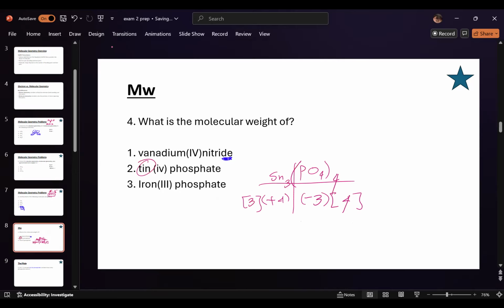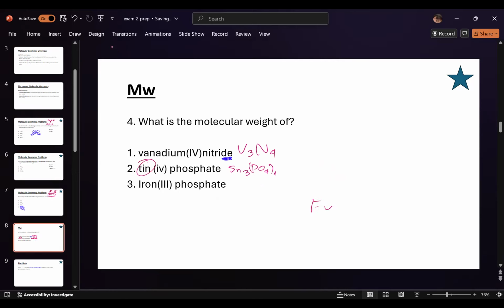It's like a crisscross, but I show the math. I show why there's a 3 there and a 4 in phosphate. So it's Sn3(PO4)4.